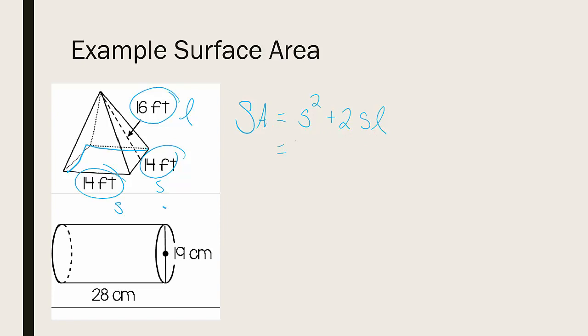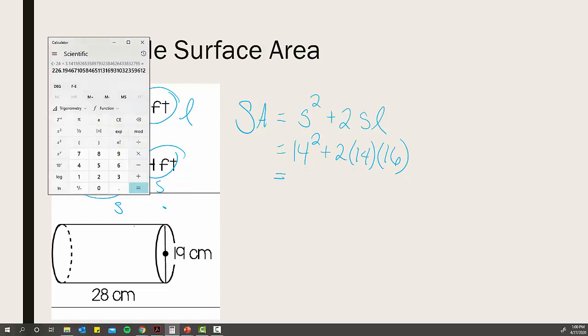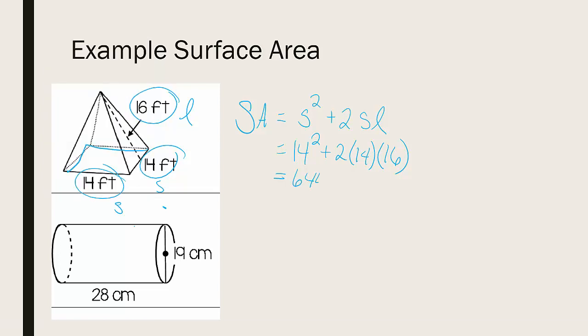So this is 14 squared plus 2 times 14 times 16. And that's going to equal, where's my calculator? So we're going to clear this out, and we're going to go 14 squared plus 2 times 14 times 16 equals 644. 644 feet squared.